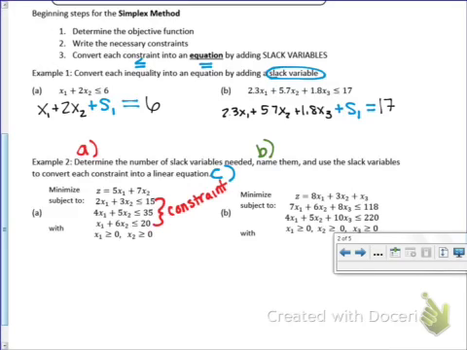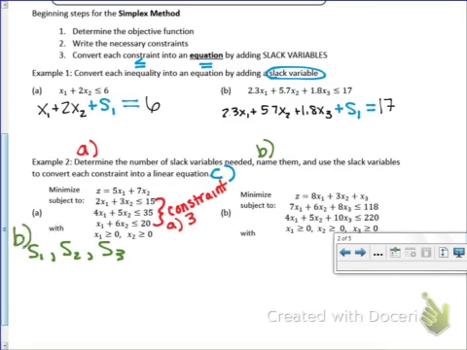So that means part A is we need 3 slack variables. Then part B is going to be naming them, and we're going to have S1, S2, and S3. So that's part B. We named them. There's one for each equation.